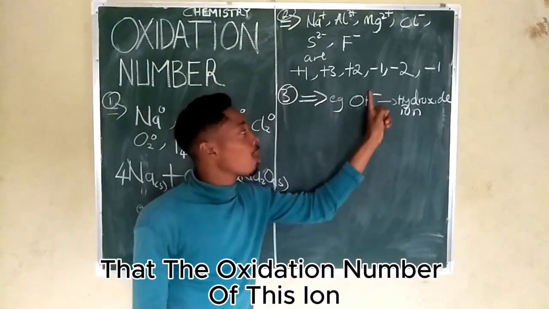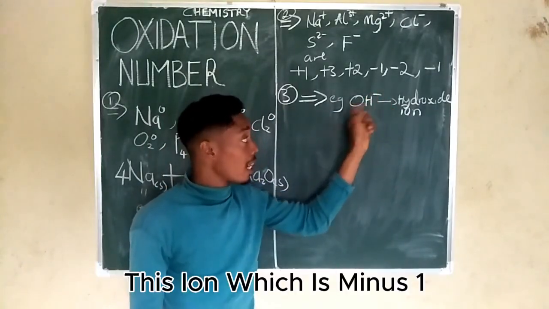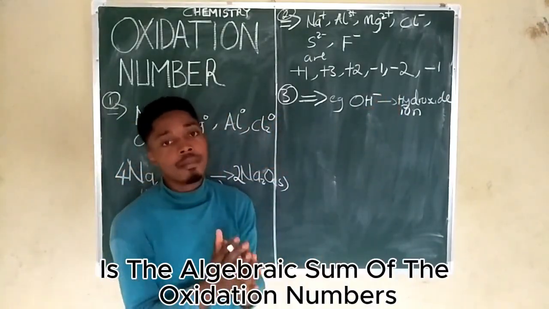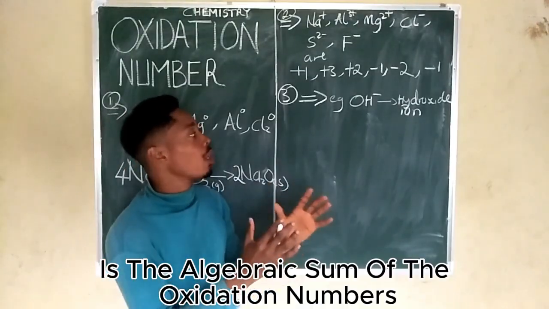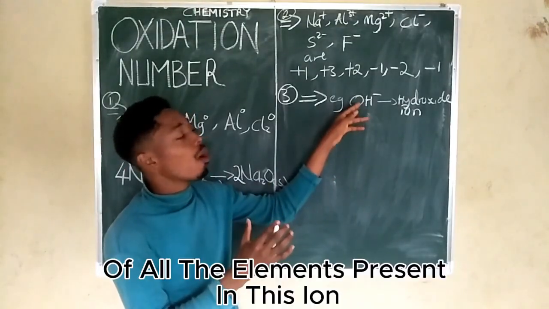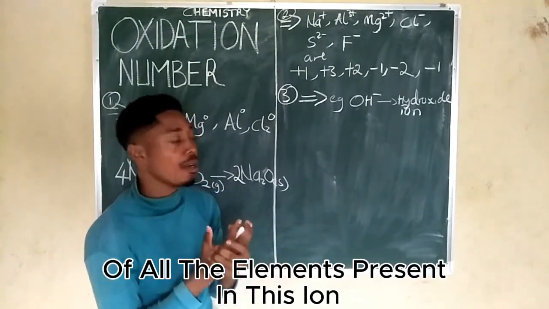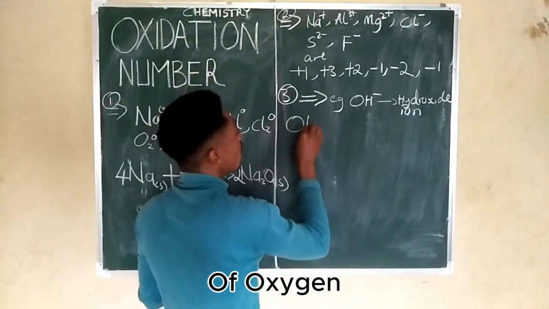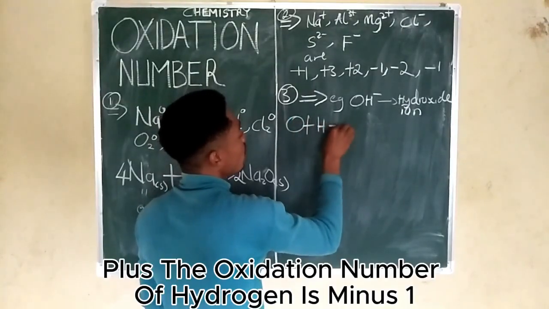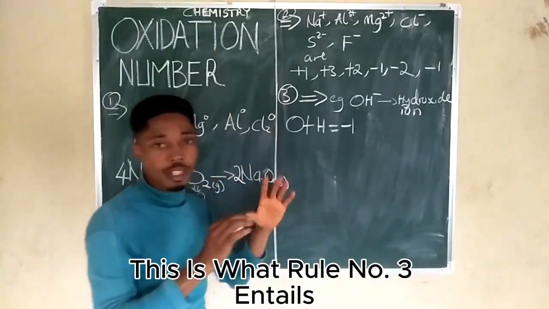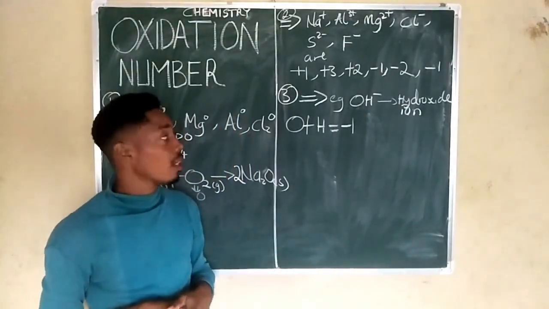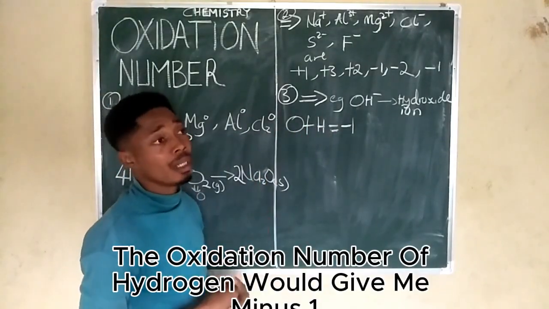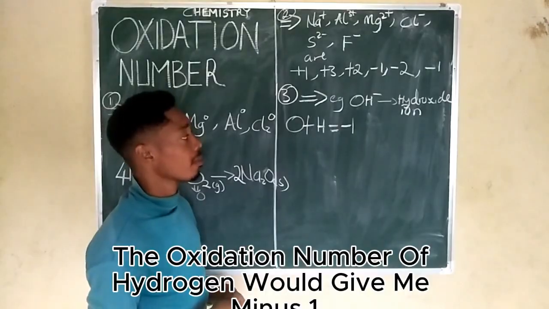That the oxidation number of this ion, which is minus 1, is the algebraic sum of the oxidation numbers of all the elements present in this ion. So what this means is that the oxidation number of oxygen plus the oxidation number of hydrogen is minus 1. This is what rule number 3 entails.